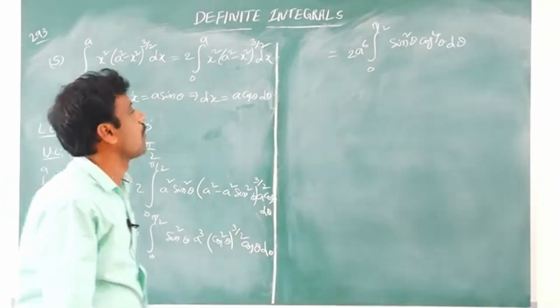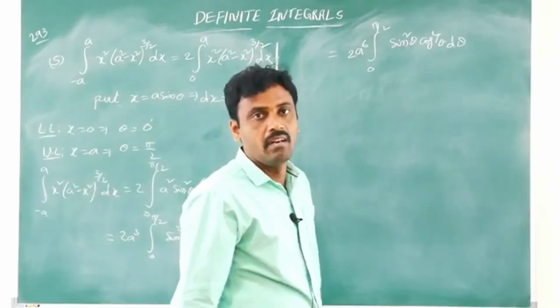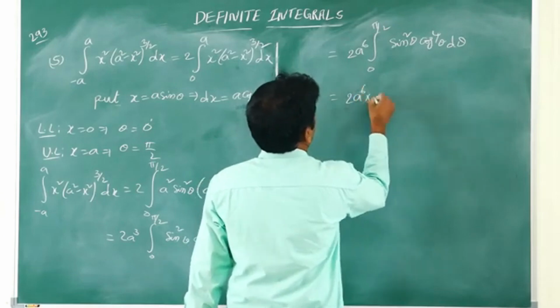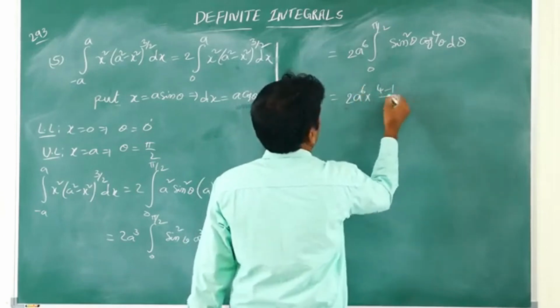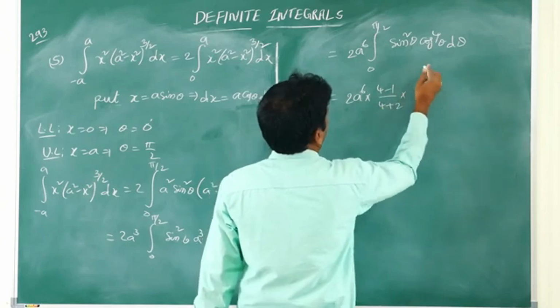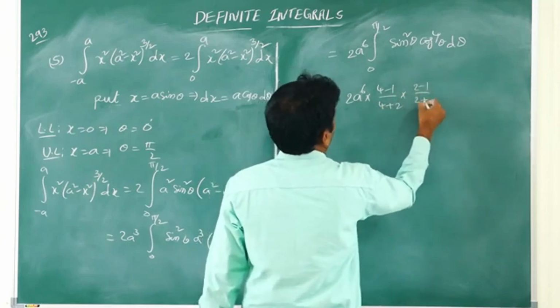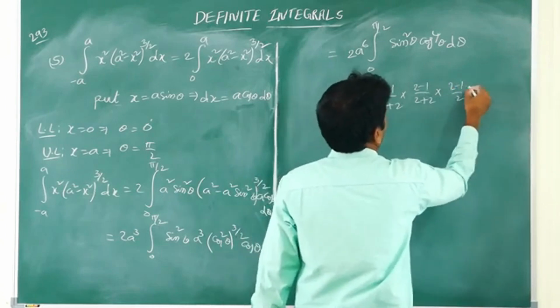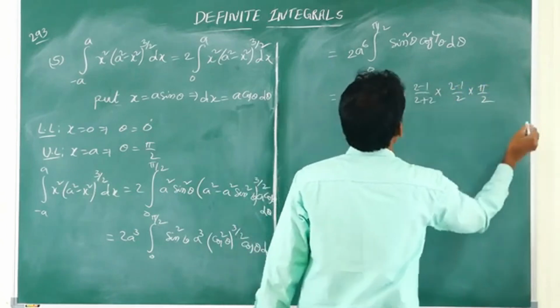Using I m comma n, that is n minus 1 by m plus n, I 2 comma 2 equals 2 minus 1 by 4 into 2 minus 1 by 2 into pi by 2.